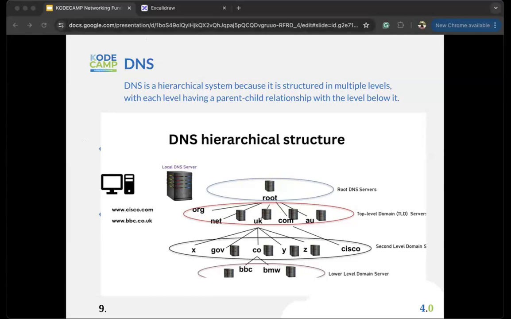Say a user types in www.cisco.com, or www.bbc.co.uk, for instance. Within your system, DNS first checks if you have a storage of that IP address on your system. Say maybe you have visited www.google.com many times on your system.